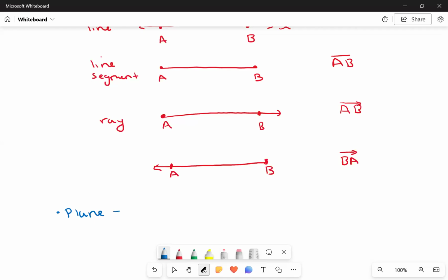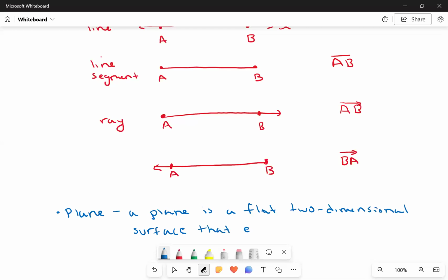So a plane is a flat two-dimensional object or surface. Sorry, let me use that word, surface, that extends to infinity.